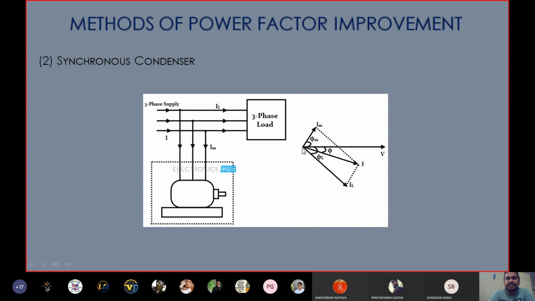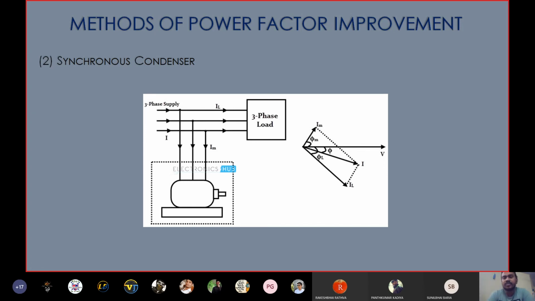Now we have to find the resultant of these two. From this point we draw a line parallel to IL, and from this point we draw a line parallel to IM. This is the resultant, that is the current I, which is taken from the source.